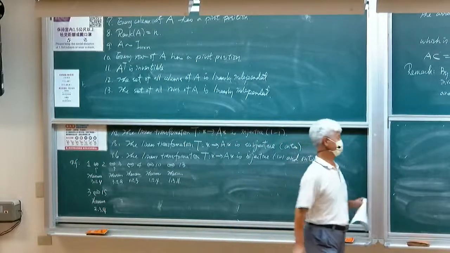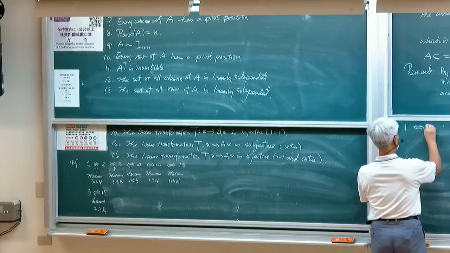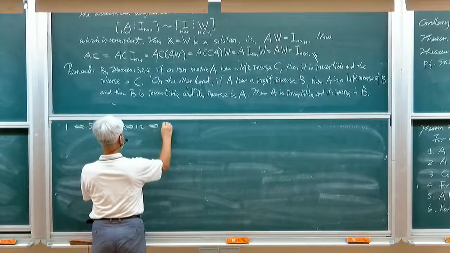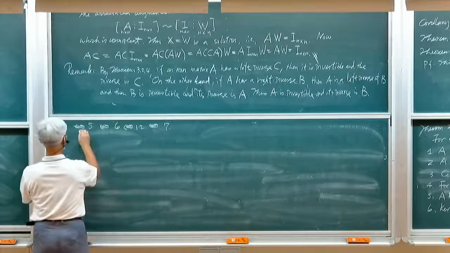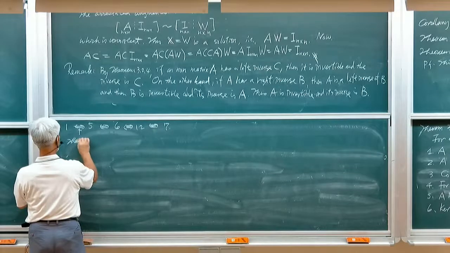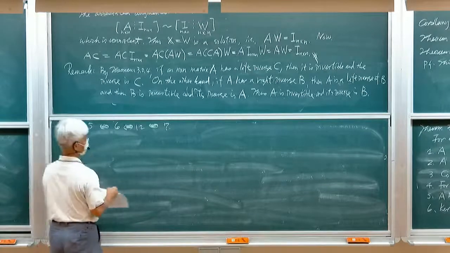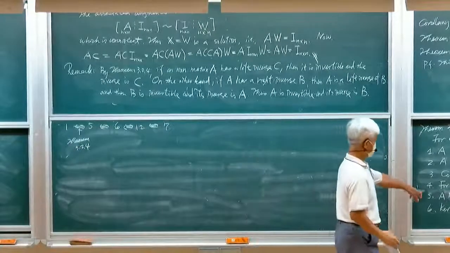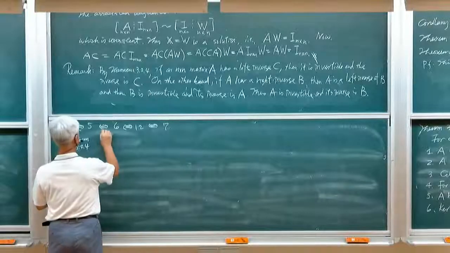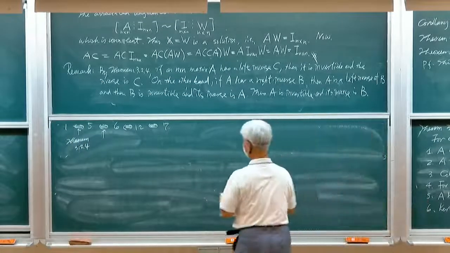Okay. All right. So 1 is equivalent to 5, equivalent to 6, equivalent to 12, and 7. So this is from theorem 3.2.4. The fifth one: A has a left inverse. So this is theorem 3.2.4. And 5 is equivalent to 6. They are equivalent to each other.